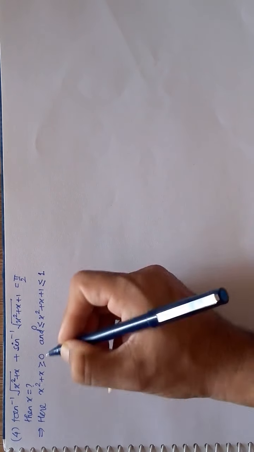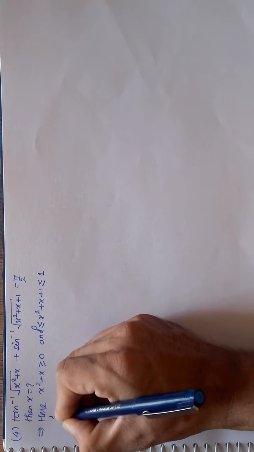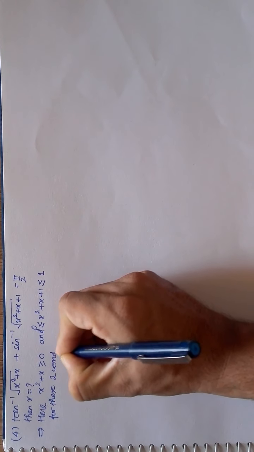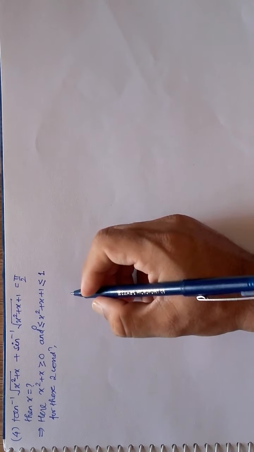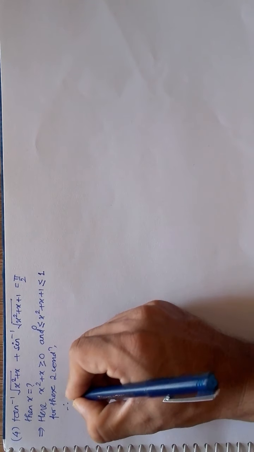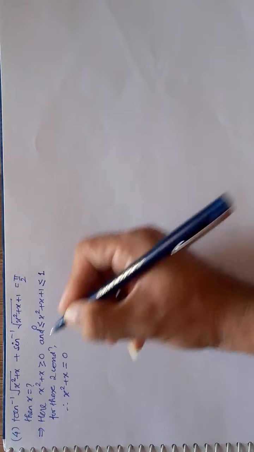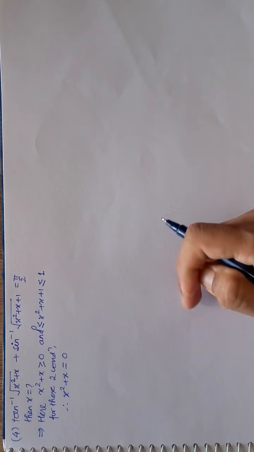Means if both these conditions are to be satisfied, the common thing which we get is that x square plus x must be equal to 0, right? Only that is the condition which will satisfy both of these conditions.